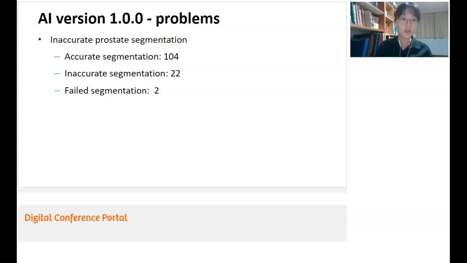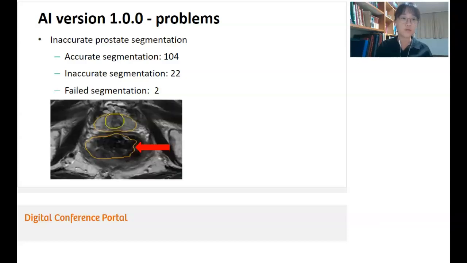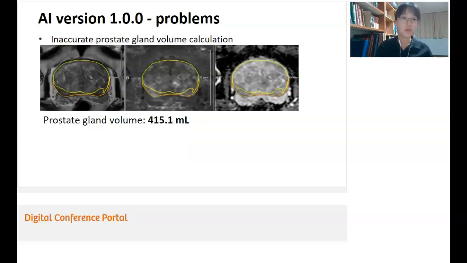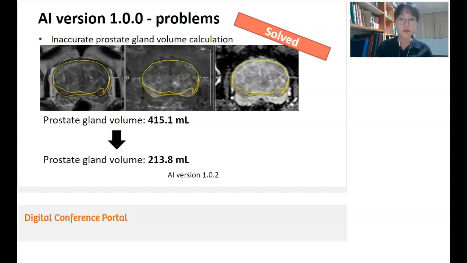In 2 patients, segmentation failed. However, in the later version, segmentation was accurate in most patients. The prostate gland volume was measured so large that it was almost impossible. This problem was also solved as the developer discovered an error in the volume calculation process.